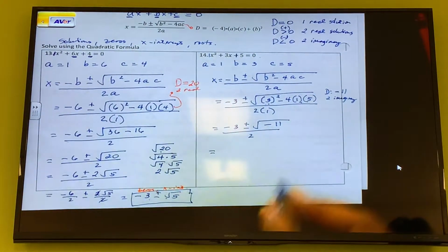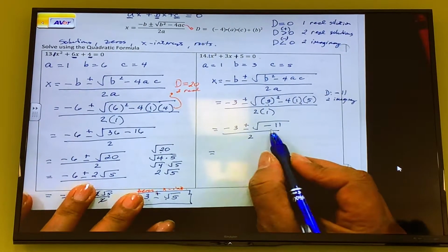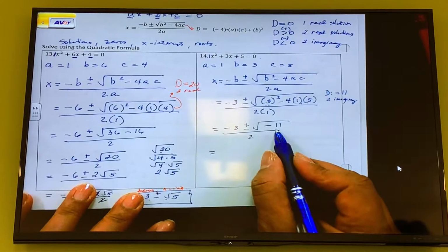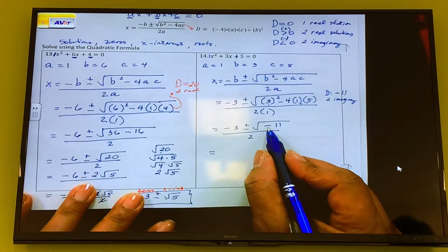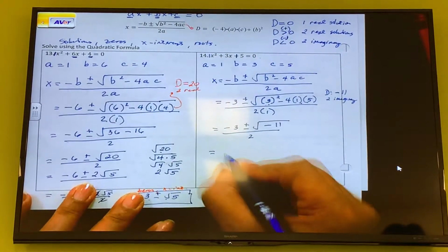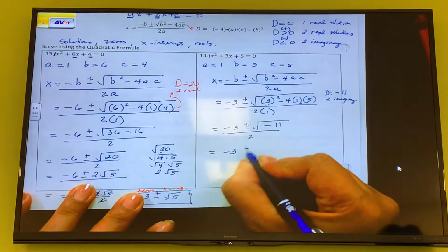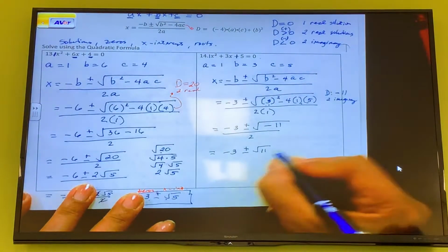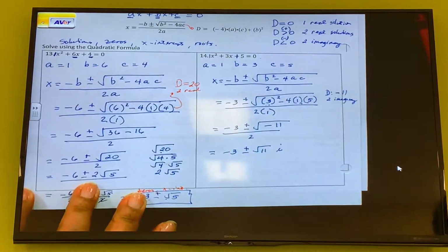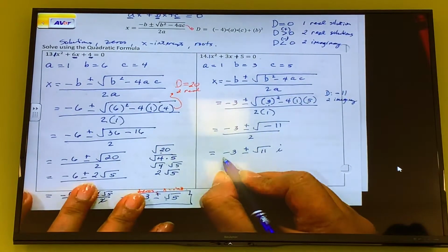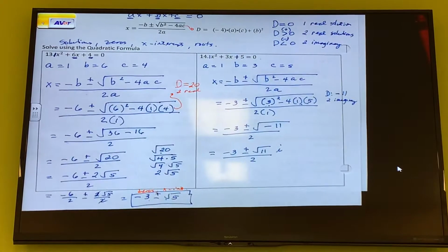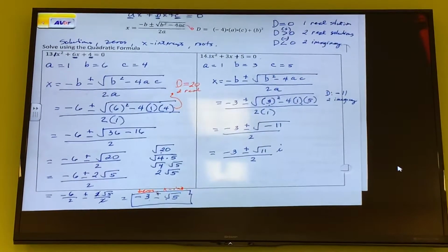Where are the i's then? Outside the parentheses and outside the square root sign. We're going to put it outside the square root sign so that there will be no more negative inside the square root sign. So it's going to be negative 3 plus or minus square root of 11 and then the i, and then divided by 2. That doesn't look right yet because we need to put our answers in standard form.